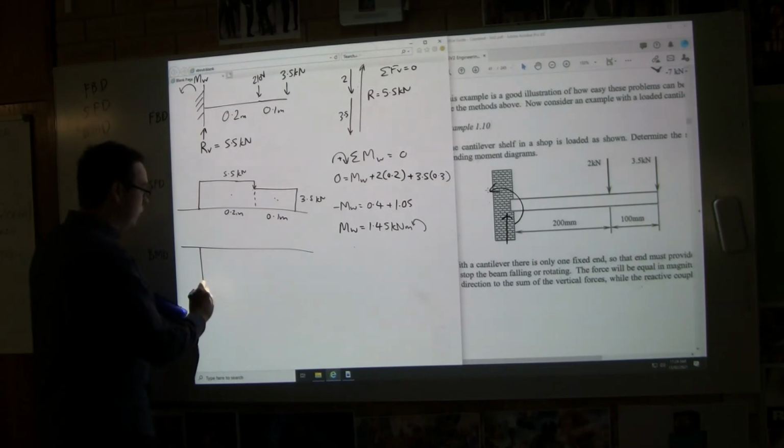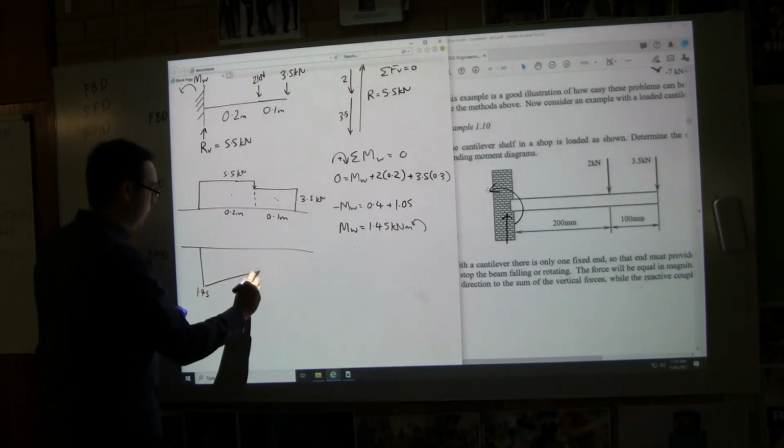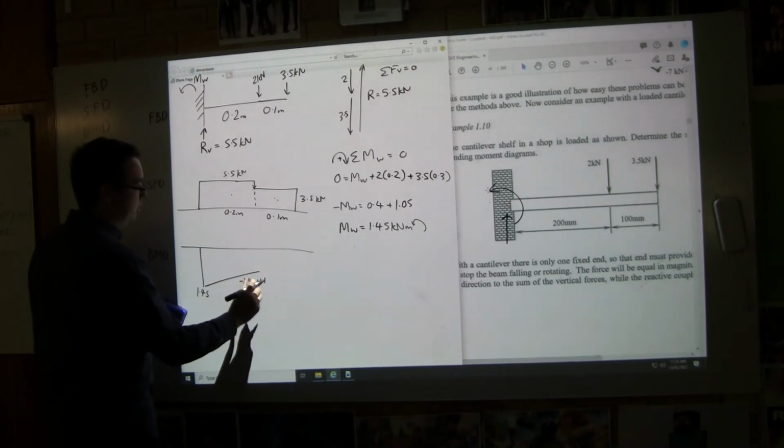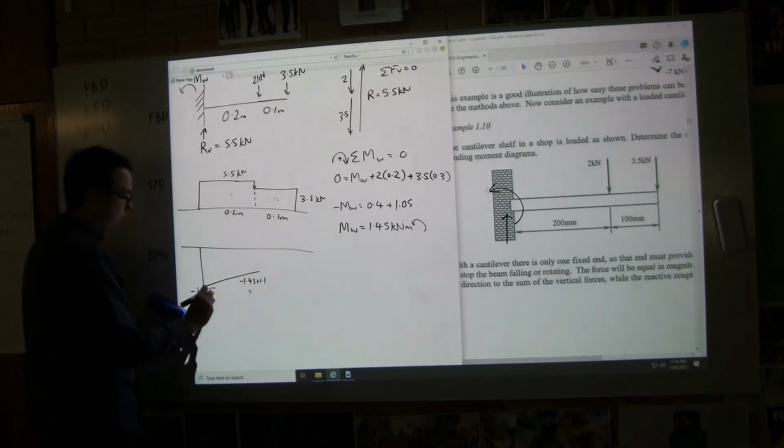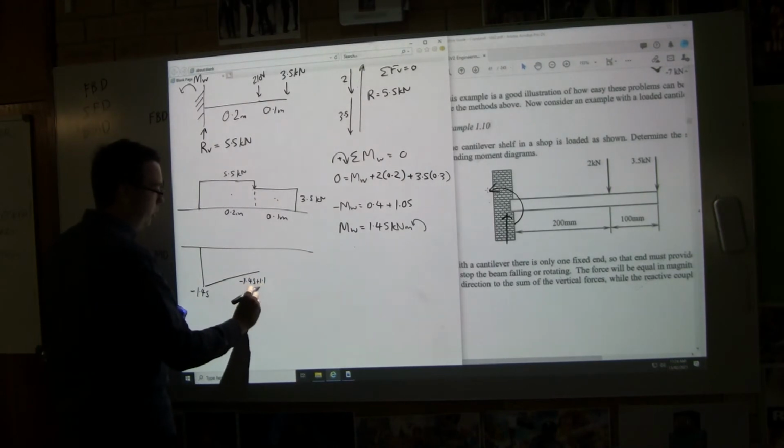So it's going to look like this: minus 1.45 plus 1.1 equals 0.35, and it's negative, yeah, that's right.